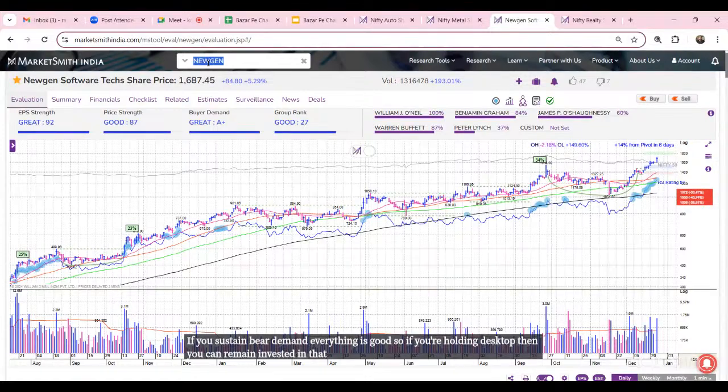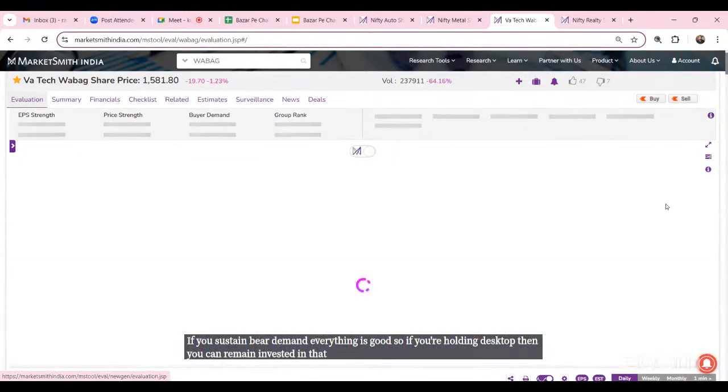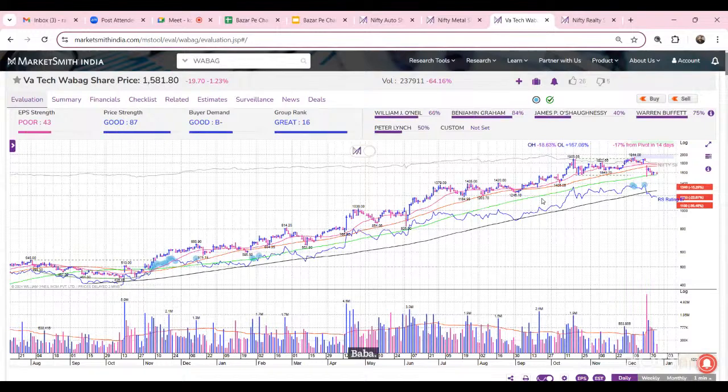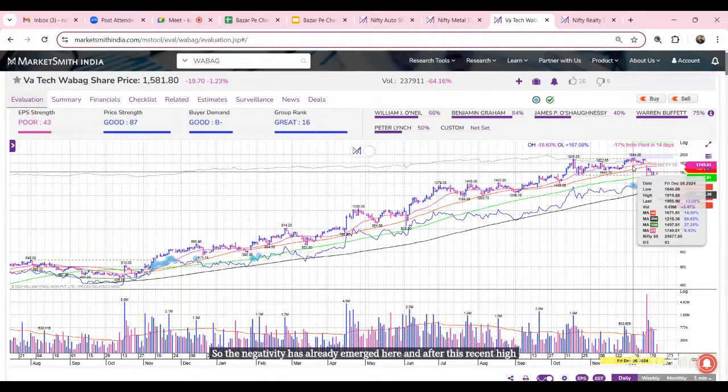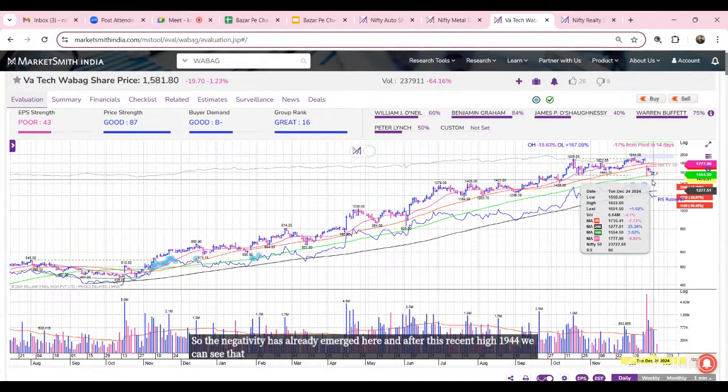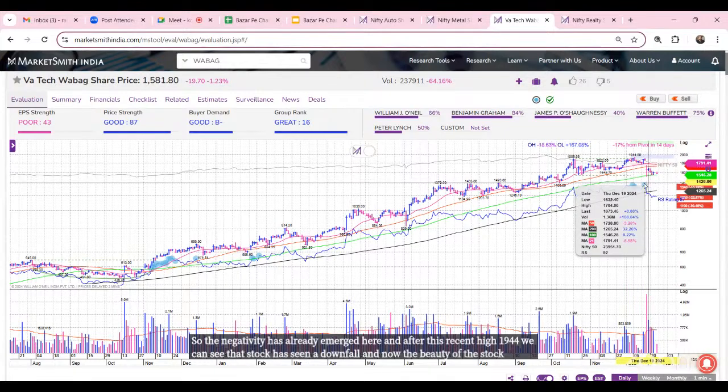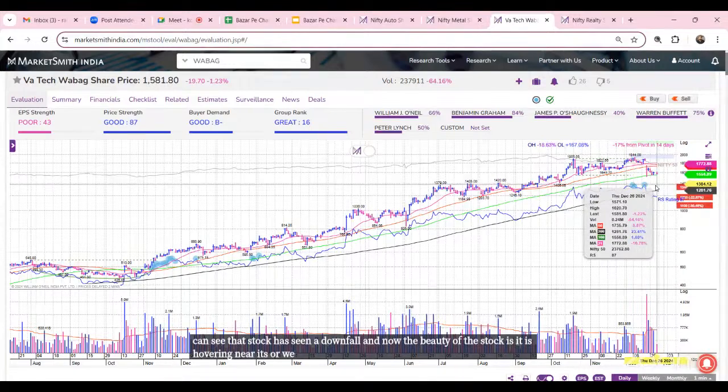Wabag. The negativity has already emerged here, and after this recent high of 1944, we can see that the stock has seen a downfall. Now it is hovering near, or taking support of, its 100 EMA, but the support is not that strong.